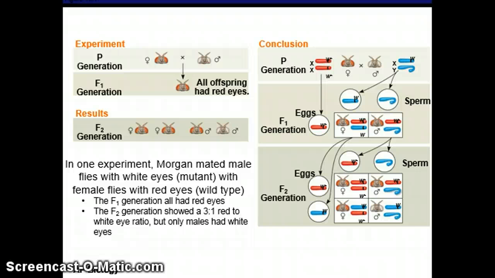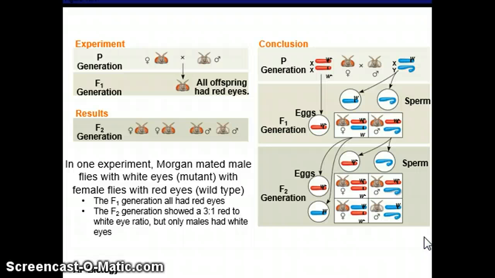So what he did in crossing this set of chromosomes here, he had his female with this set of chromosomes, and then this set of chromosomes here for the male. And he found that just with the results that the F1 generation all had red eyes, but then the F2 generation showed a 3-to-1 red to white eye ratio, which we would have expected.